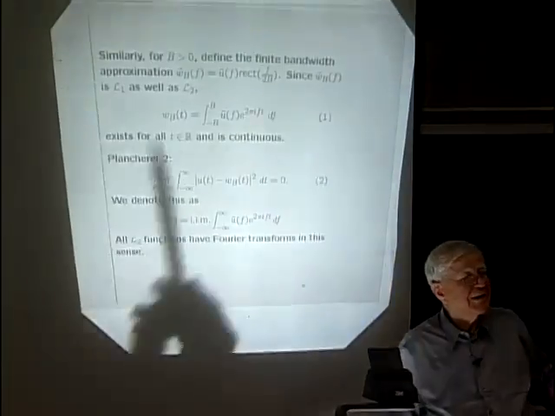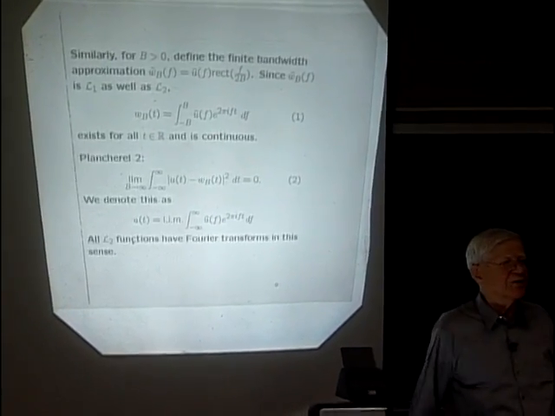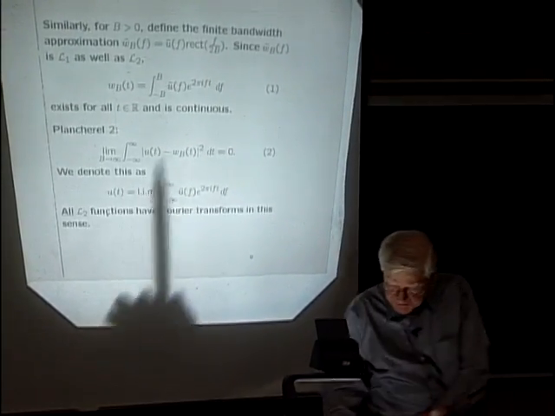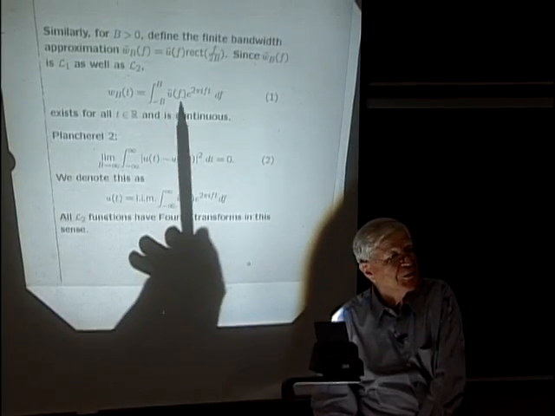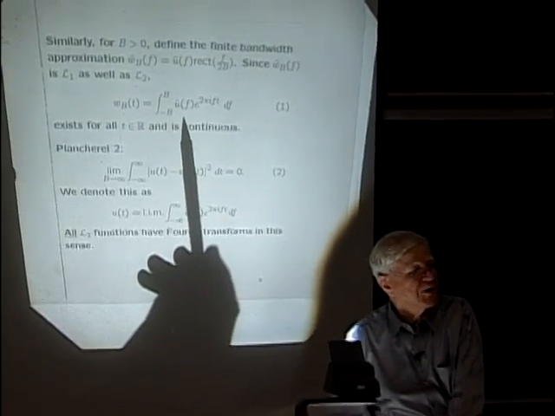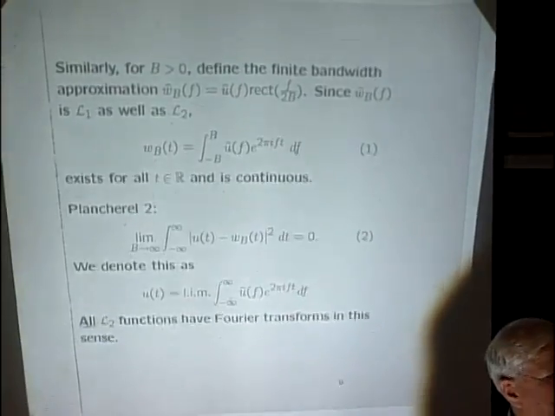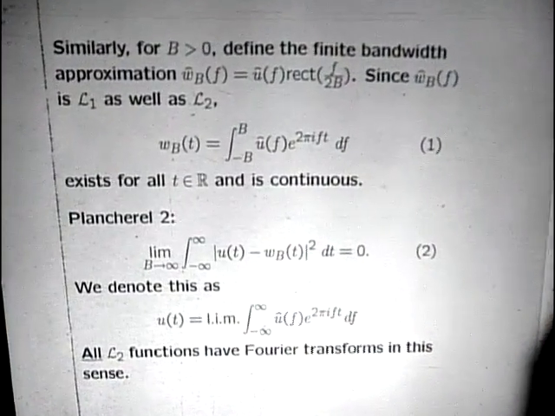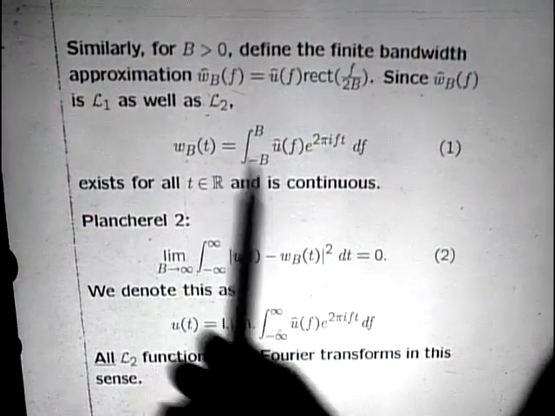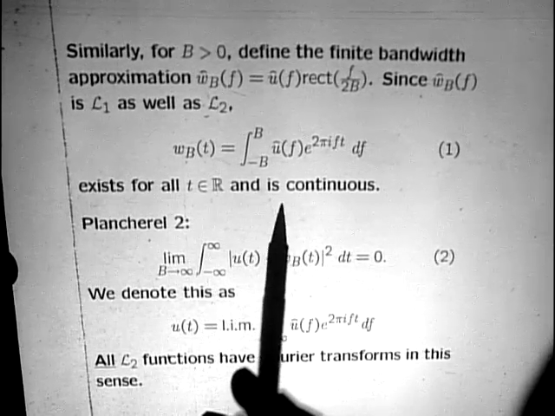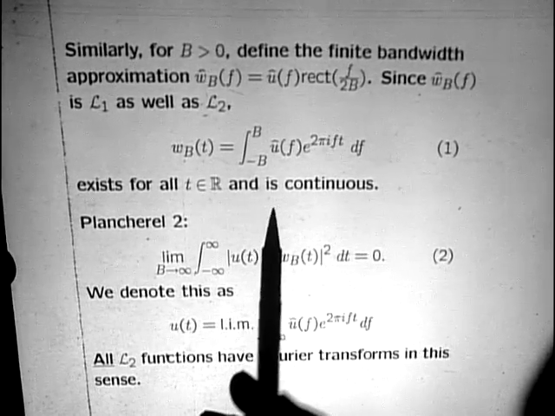It's only when you get to the limit that all of this mess occurs. And if you take these different possible functions u hat of f, which just differ in these negligible sets of measure 0, those don't affect this integral. Sets of measure 0 don't affect integrals at all.